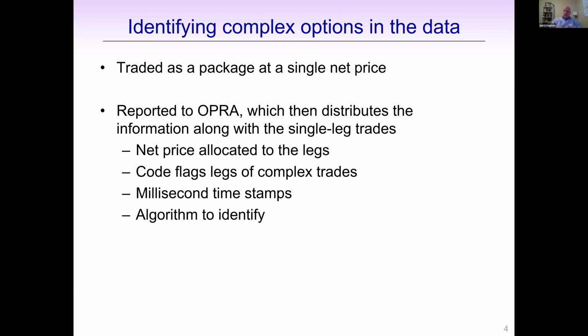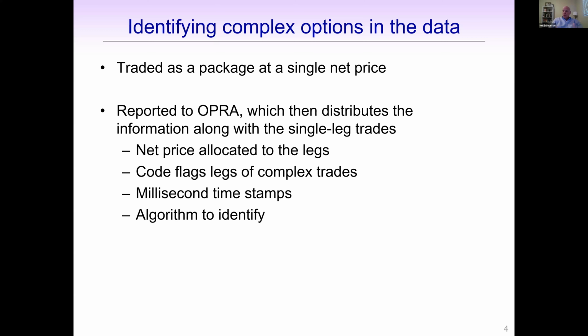So this complex trade was traded at a single net price as a package, but then the legs are reported by OPRA along with the other single leg trades, and the net price is allocated to the legs. So you won't see the complex package reported. What you'll see is that the two legs are reported separately.